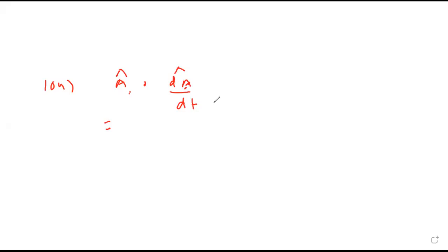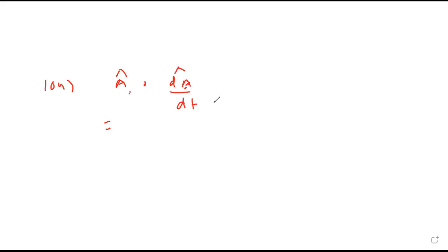But see, in maths dA has some meaning. dA means small change. Wait a second. A means which vector? Unit vector. And dA means what?